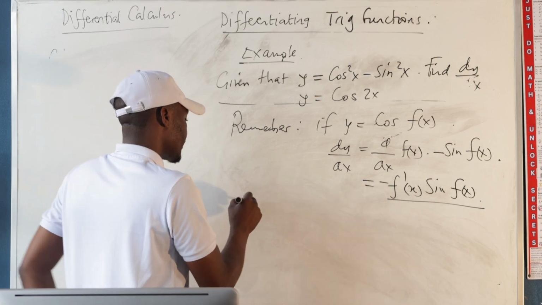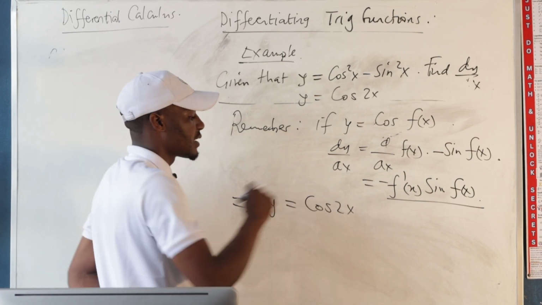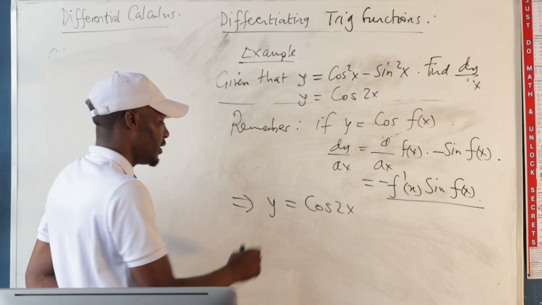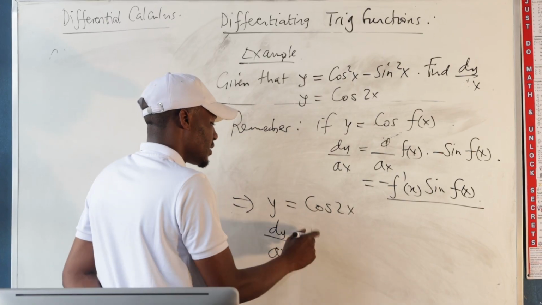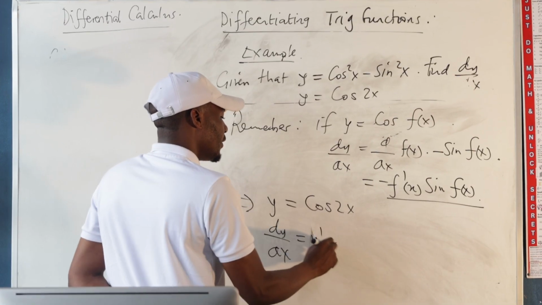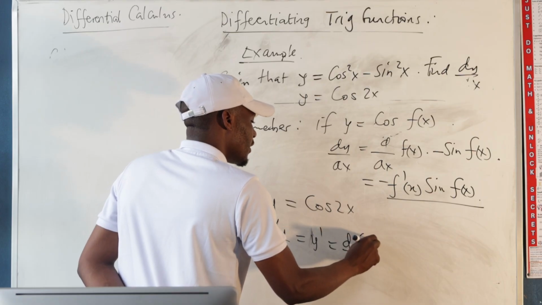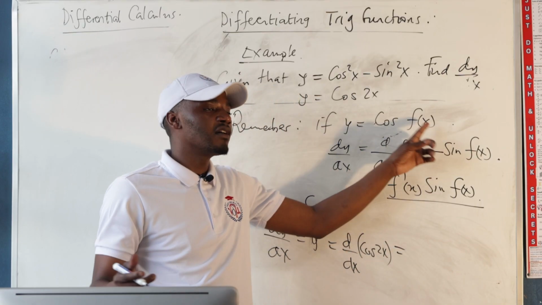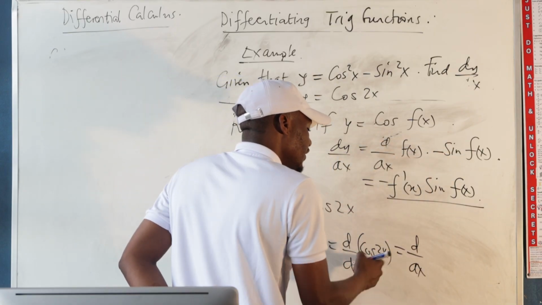What if we've got y is equivalent to cosine of 2x? How best are we going to differentiate this? This is quite interesting. To find dy/dx, which is y prime, in other words the derivative of cosine of 2x, how do we differentiate the cosine of a certain function? Like I said, the first thing we have to do is find the derivative of f(x).